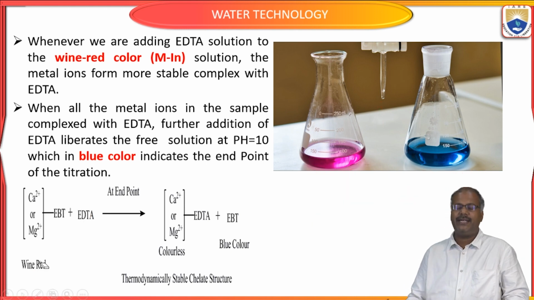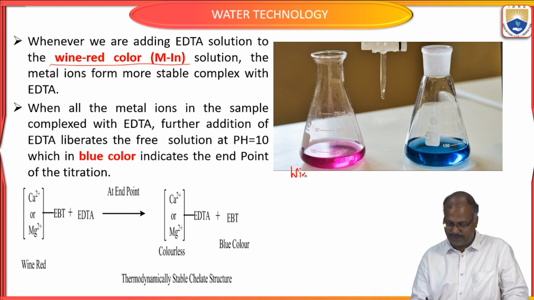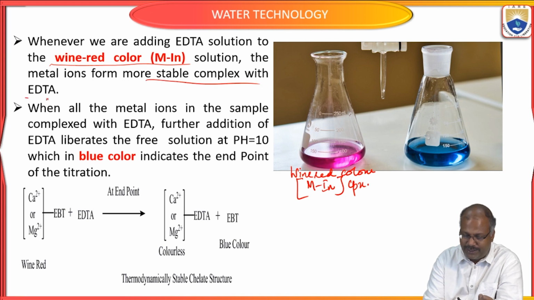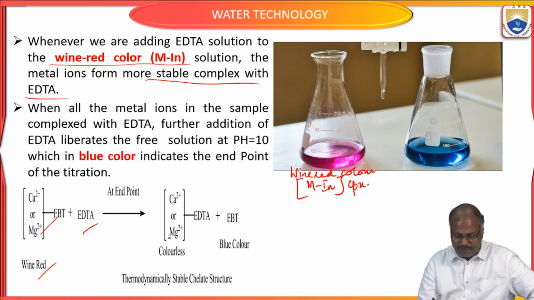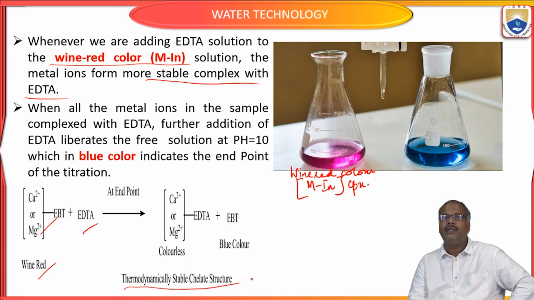Whenever we add EDTA solution to the wine red colored metal-indicator complex, the metal ions form a more stable complex with EDTA. So the wine red EBT complex with calcium and magnesium, when you add EDTA, the EDTA will go and bind because it forms a thermodynamically stable chelate structure.